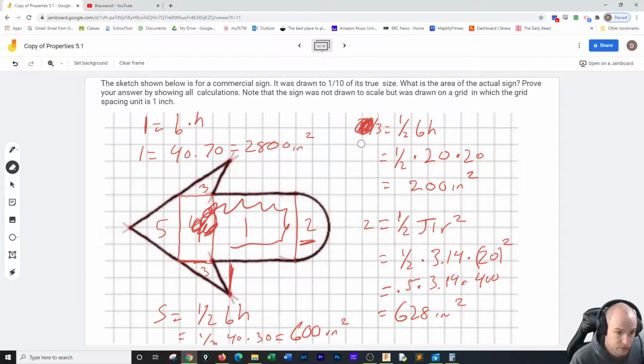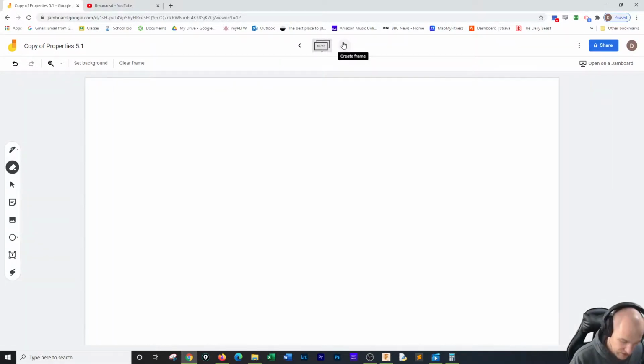So I'm going to go to a new page, and I'm just going to add them all up. I think I had area 1, which was the big rectangle, equal to 2800. And then area 2, which was the half circle, I believe, was 628.